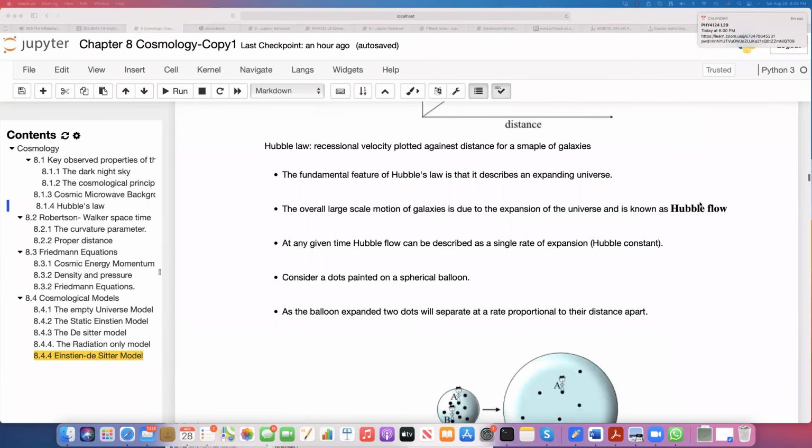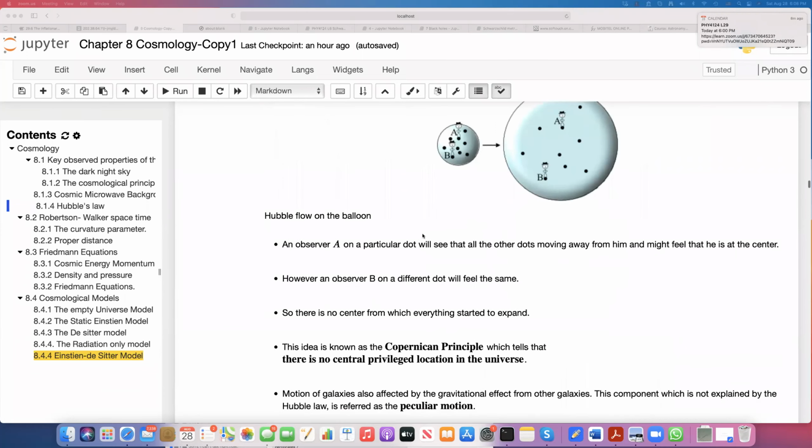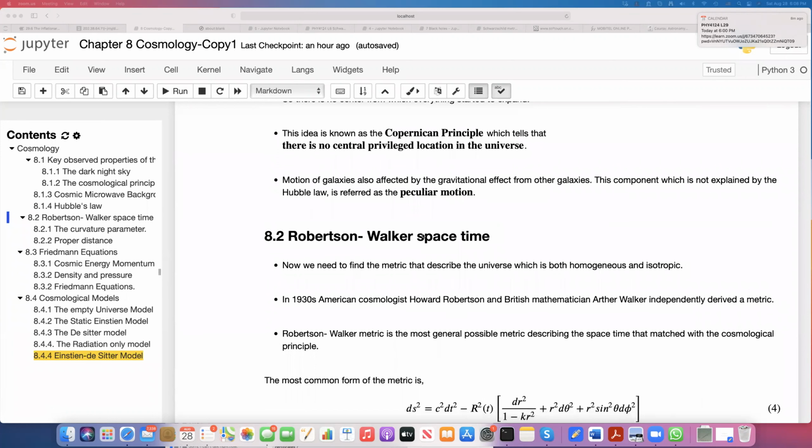And then we talked about Hubble's law, and discussed very briefly what this expansion means. And then we went on to talk about the Robertson-Walker space-time, right? And this is related to the general theory of relativity section, especially for the mathematical part.